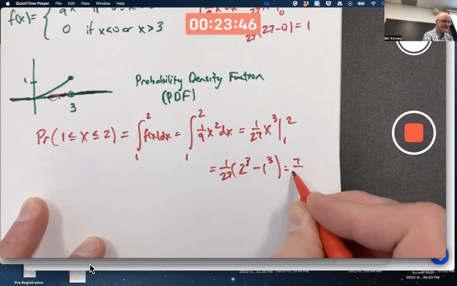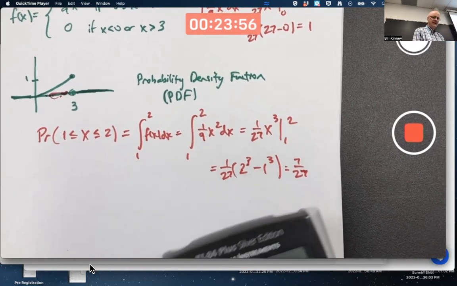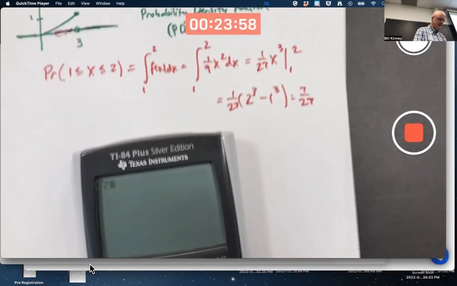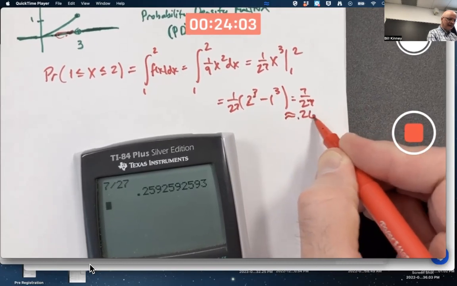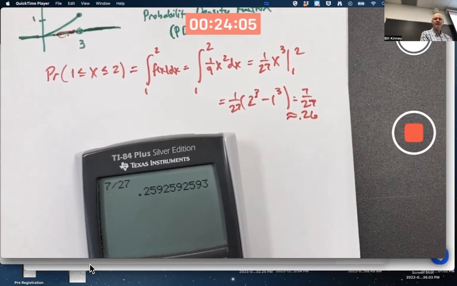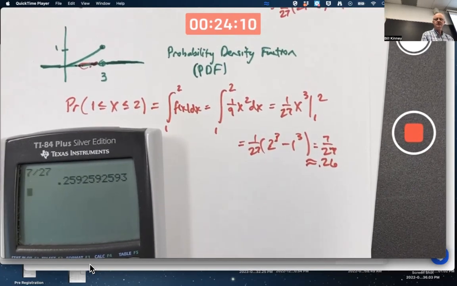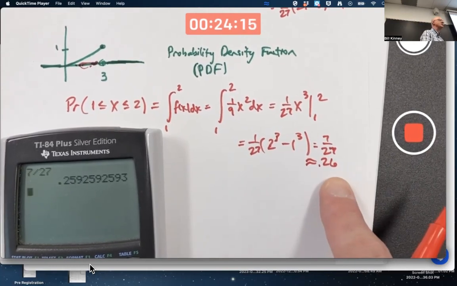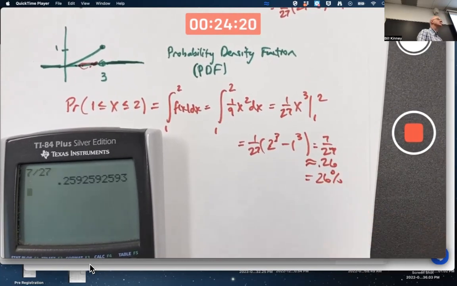So this is 7/27, which is going to be 0.2 something, I think. 7/27 is about 0.26. If this PDF is a good model for your data in a given experimental situation, you would expect about a probability of 26% of a randomly chosen data point being between 1 and 2.